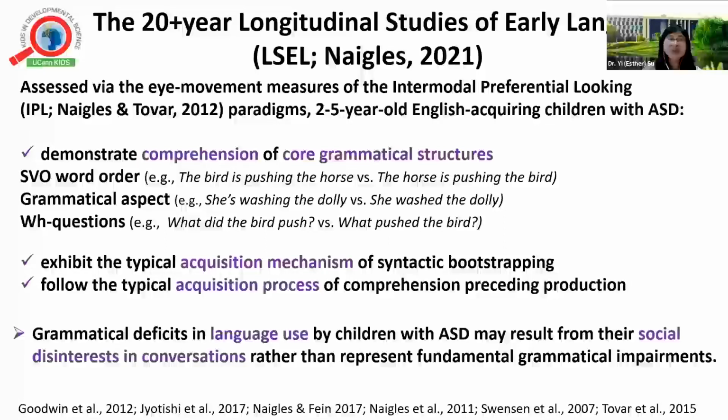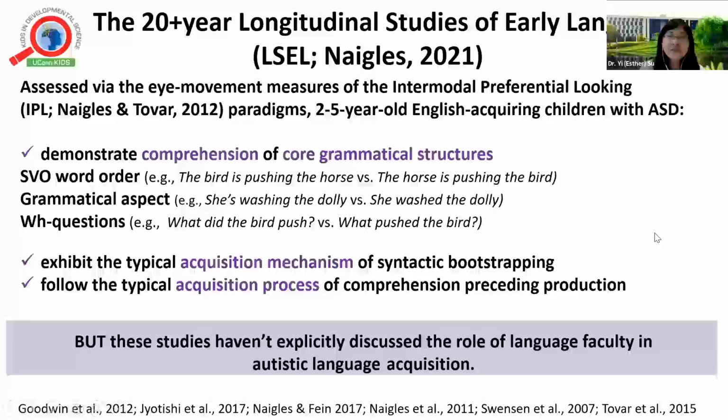Thus, the conclusion is that grammatical deficits in language used by children with ASD may result from their social disinterest in conversations rather than represent fundamental grammatical impairments. However, this set of studies also hasn't explicitly discussed the role of the language faculty in autistic language acquisition.